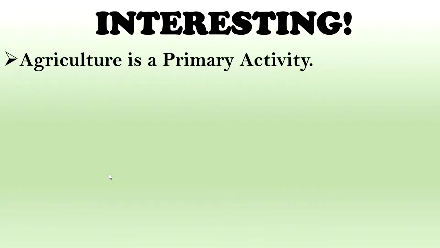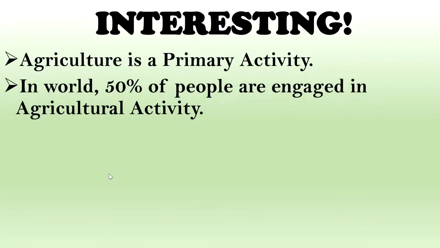Then some interesting facts, or things we need to know about agriculture: agriculture is a primary activity. Then, in the world, 50% of people are engaged in agricultural activity. So, half of the world's population has agriculture as their occupation.